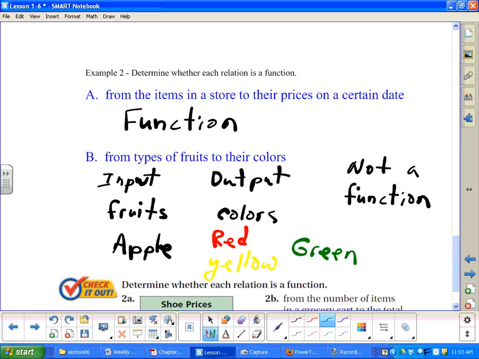So at least there's those three colors. So types of fruits to their colors would not be a function. You have to think about a specific item or a specific thing. Could there be more than one of those things? If that's true, then it's not a function.